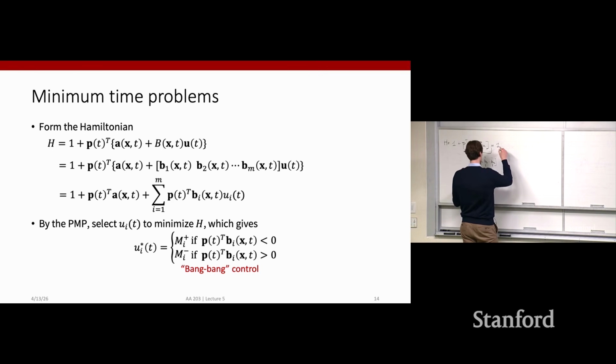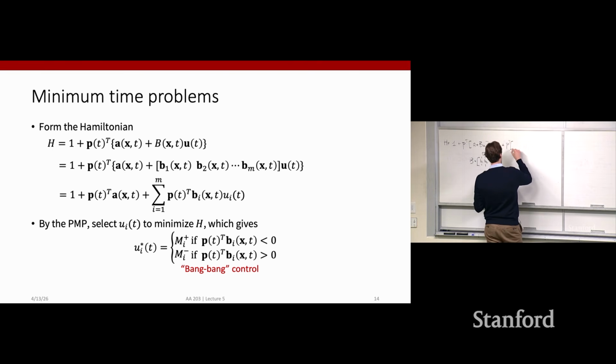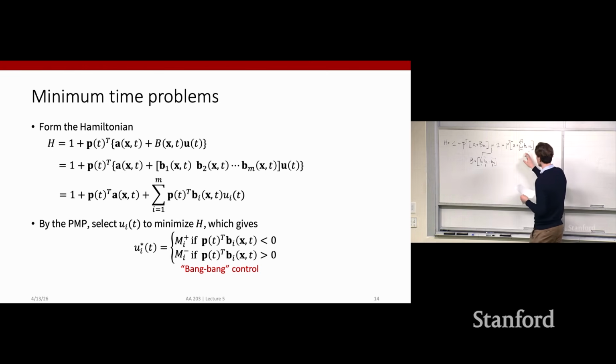Which essentially means that this is equal to 1 plus P transpose A plus the sum from i to M of B_i u_i. And this is because this product becomes the linear combination of its columns.